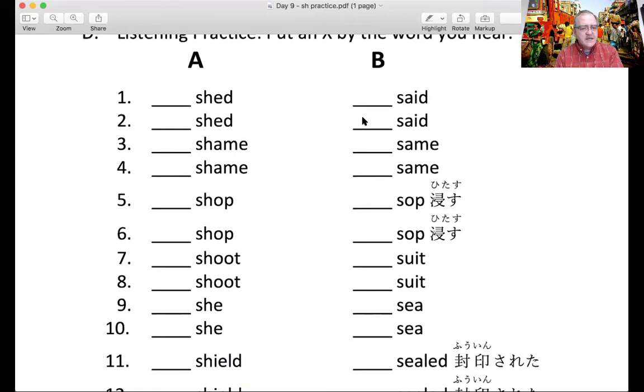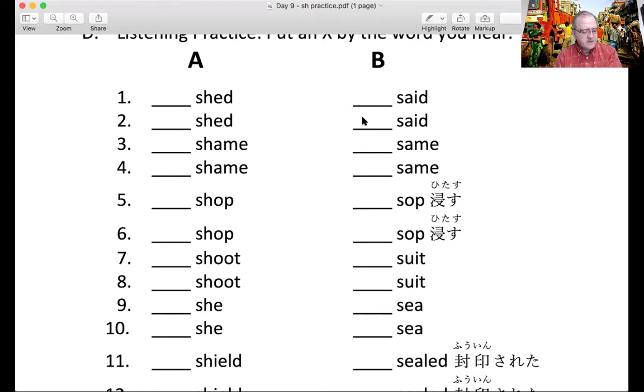Number 5, sop, sop. Number 6, shop, shop. Number 7, shoot, shoot. Number 8, suit, suit. Number 9, see, see. Number 10, she, she. Number 11, sealed, sealed.